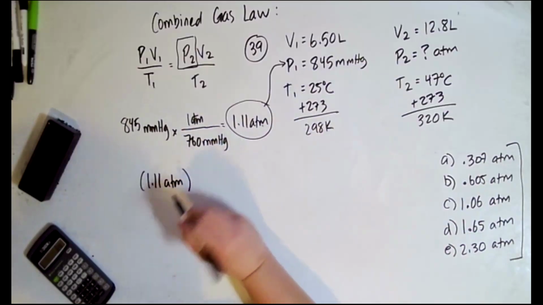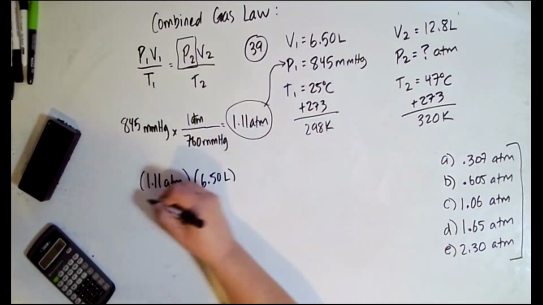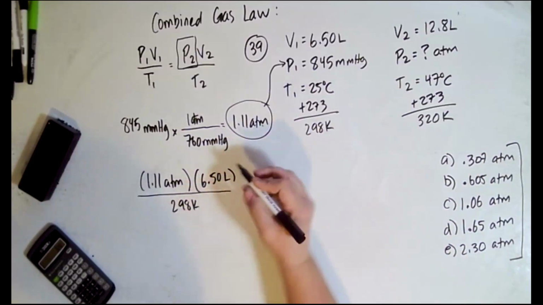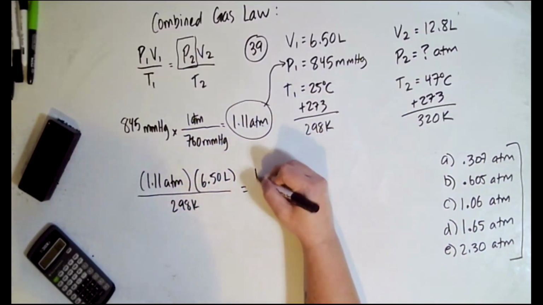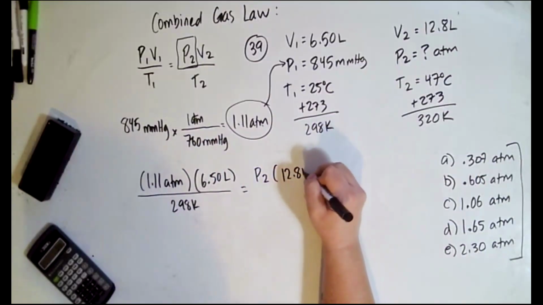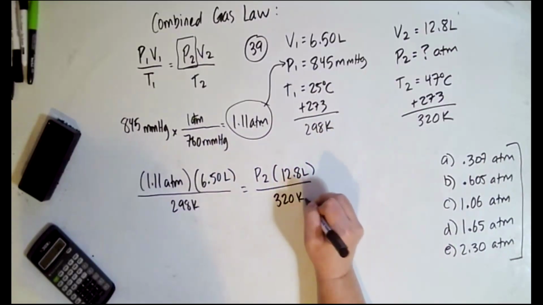So that's our P1. Our V1 is 6.50 liters. Our T1 is 298 Kelvin. Our P2 is our question mark. Our V2 is 12.8 liters. And our T2 is 320 Kelvin.